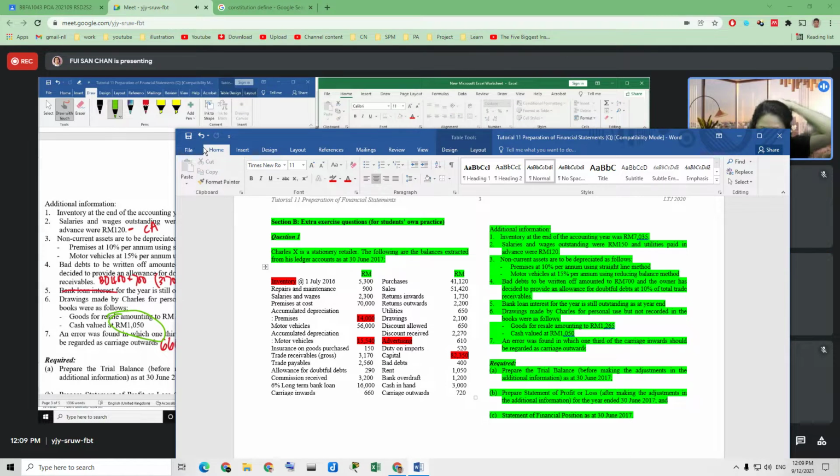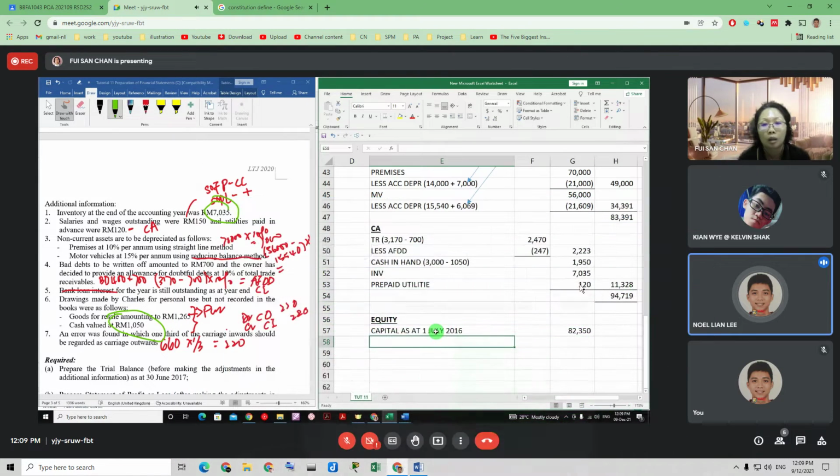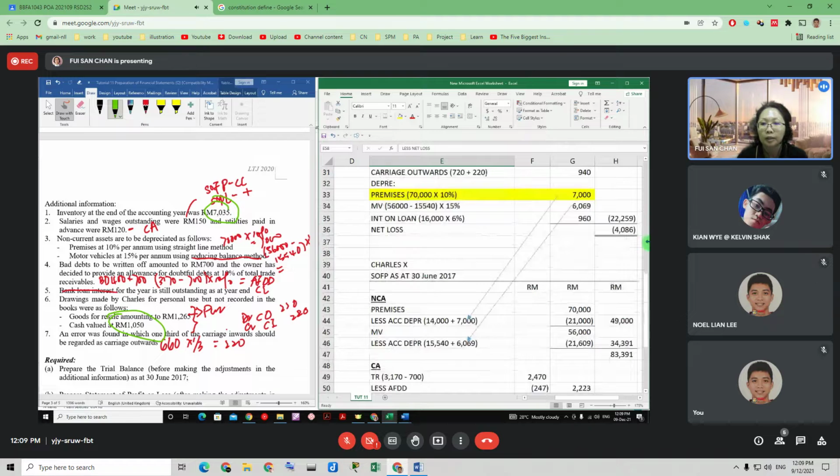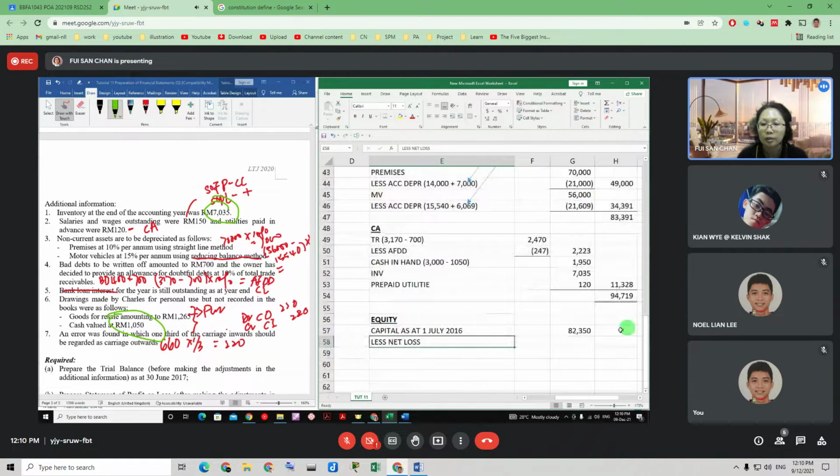Okay, and then minus the net loss. Unfortunately, it's a loss. So our net loss is from our SOP, right? This number, 4,086.